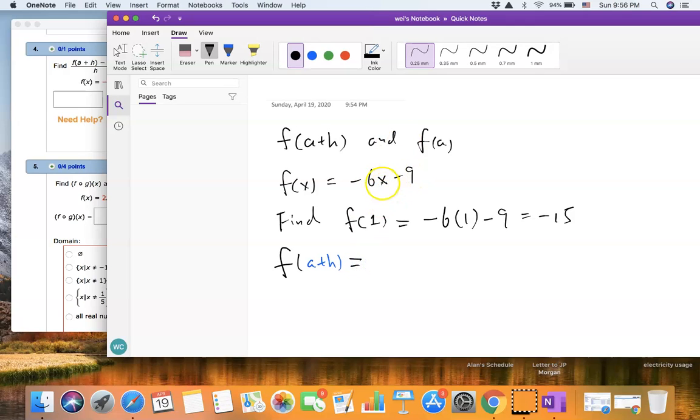Whenever I have x, I rewrite it using this notation a plus h. Okay.